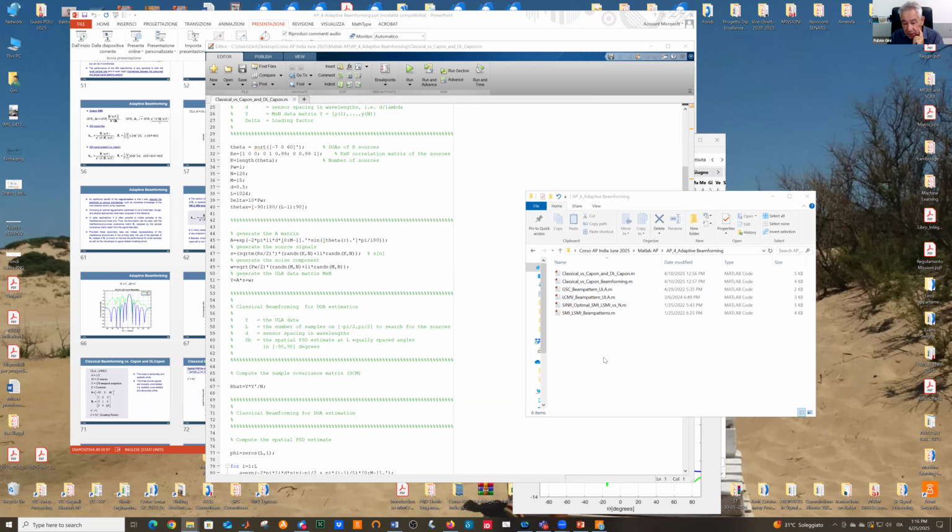And the plots of the signal to noise ratio versus the number of snapshots are in the last one. By the name, if you run it, you can understand immediately. So you can rederive all the figures in this chapter.